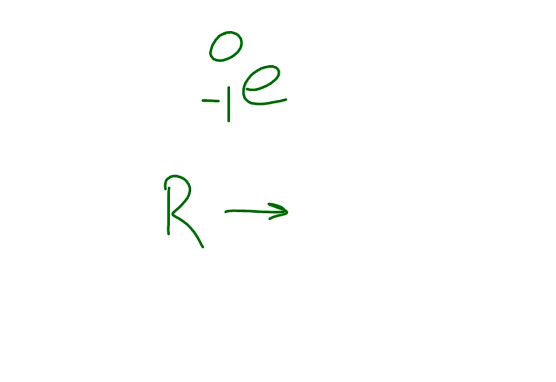This arrow indicates some sort of change happening, and then we have products. So if I have electron capture, the electron is going to be found over on the reactant side of this arrow. If I have beta decay, or if I'm emitting beta particles, the electron is going to be on the product side.